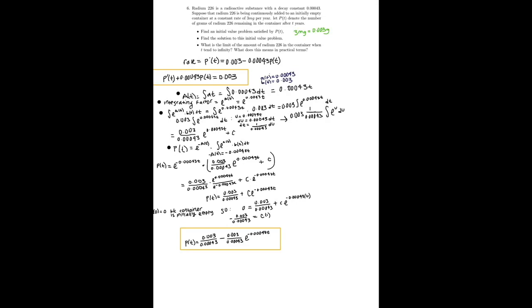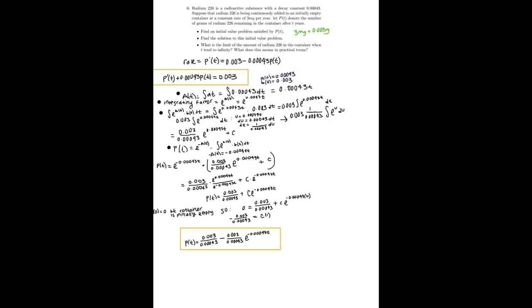Then I found the integral of the integrating factor times b of t dt, which for this equation is the integral of e to the power of 0.00043t times b of t, which is just 0.003 dt. I took the constant out of the integral, so I got 0.003 times the integral of e to the power of 0.00043t.